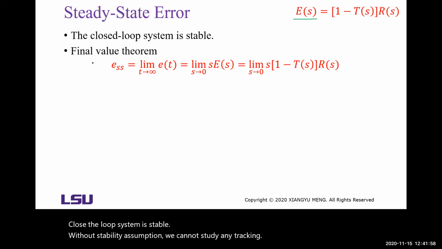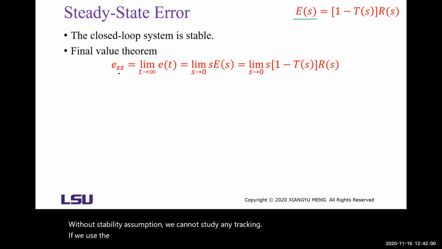If we use the final value theorem, the steady state of the tracking error e(t) as t goes to infinity is the limit as s goes to 0 of s times the Laplace transform of e(t), so s times (1 minus T(s)) R(s).